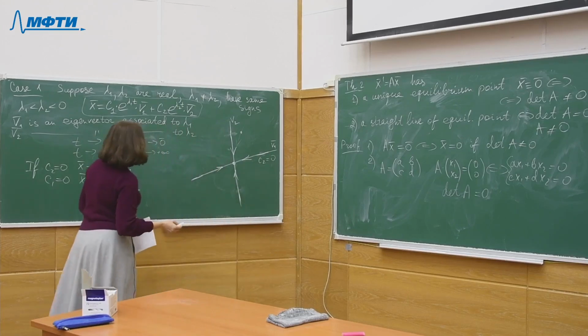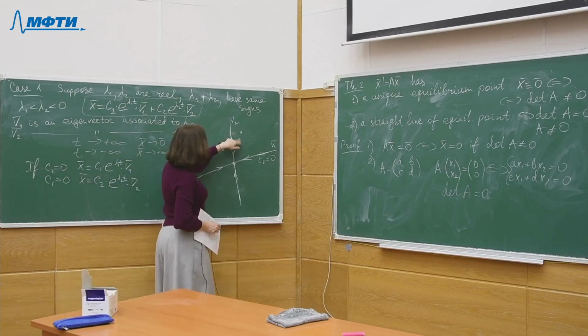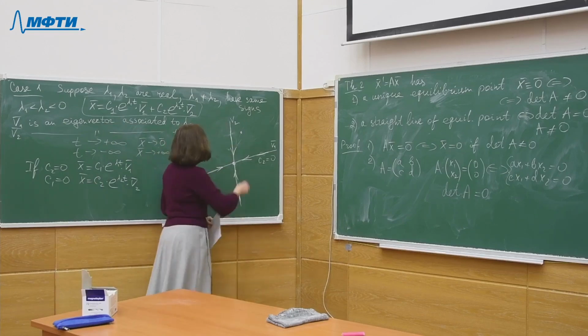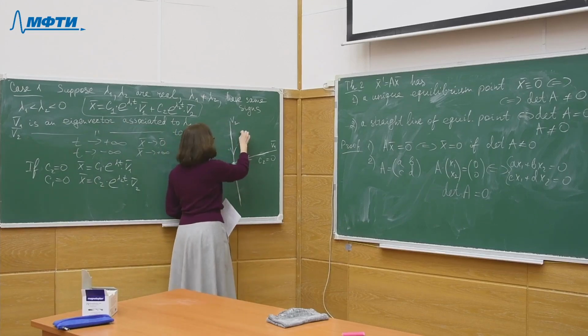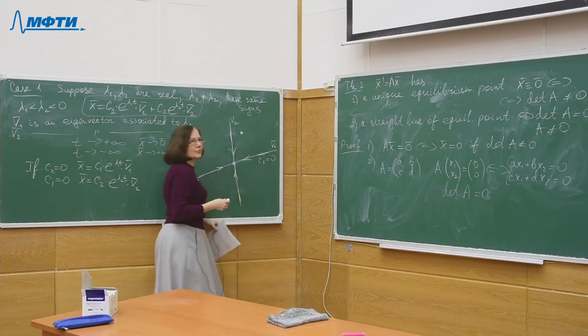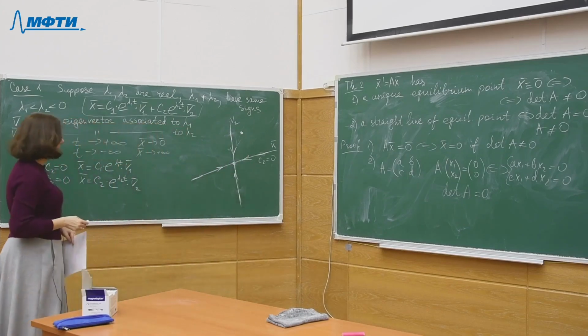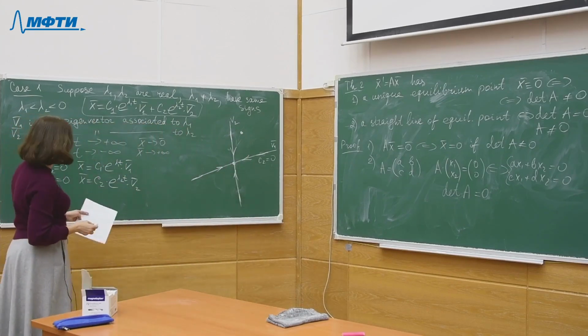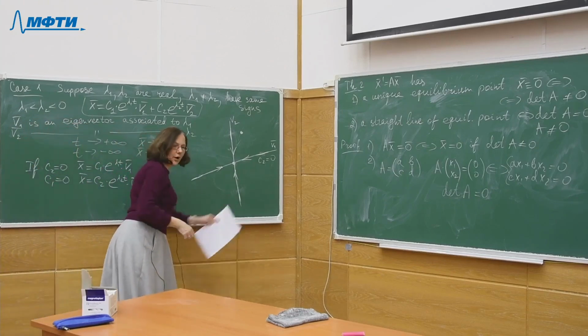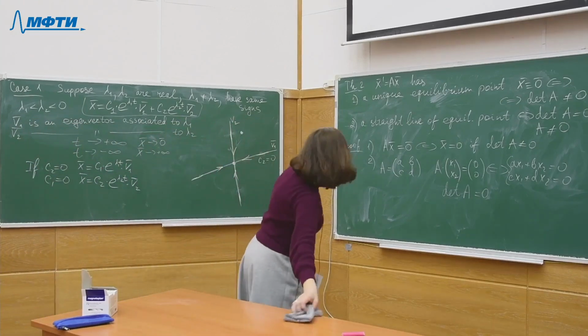Next, if we start with a point which is outside of both lines, what will happen? Let's analyze this situation. So I will use that part of the board.